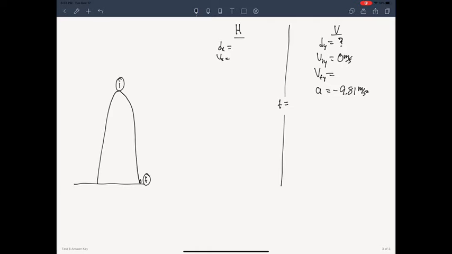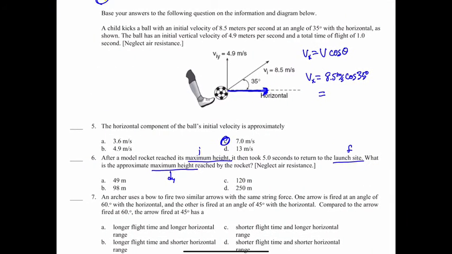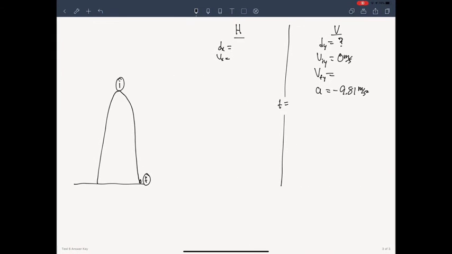Which equation can we use to find dy? Oh, we also have 5 seconds. Great, so that's going to help us. So I think we're going to use equation 4: d equals vit plus 1/2 at squared.